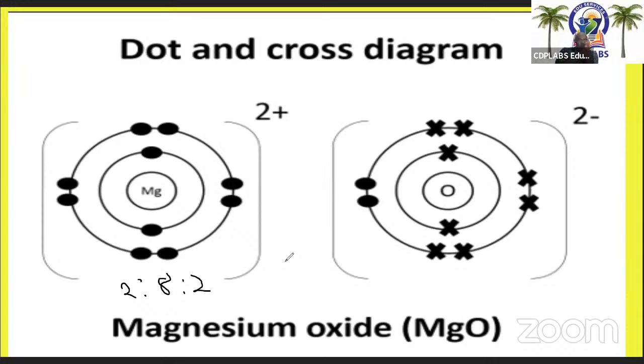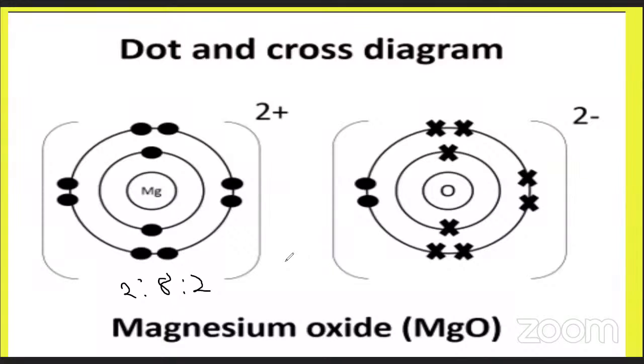So explain the 2, 8, 2 to the team now. We get the first 2 because there are only 2 electrons on the first shell and 8 on the second one, and it's only 2 shells that are there.